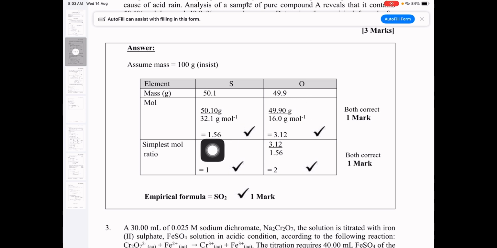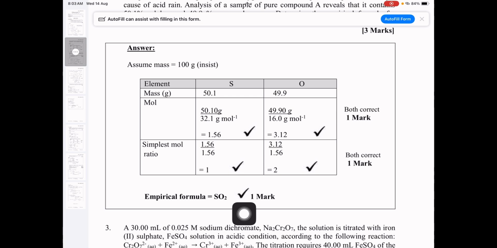For sulfur is equal to 1.56 and oxygen is 3.12. Next, we calculate the simplest mole ratio, which is the smallest number is 1.56 yeah. So 1.56 divided by 1.56 is equal to 1, and for oxygen is 2. Alright, so the empirical formula of SO2 is 1 mark.